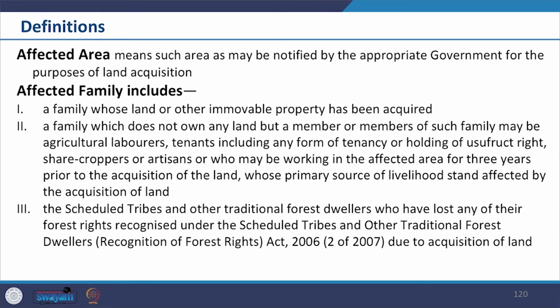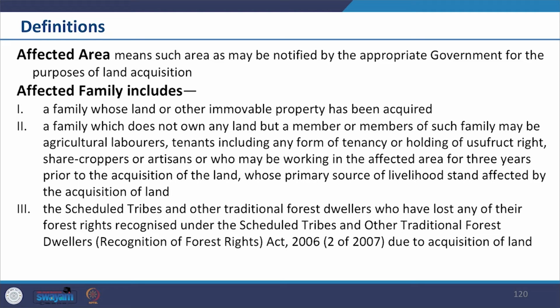So, this is important to see that even if the family doesn't own any land, but a member of such family may be agricultural laborers, tenants, including any form of tenancy or holding of usufruct right, sharecroppers or artisans, or may be working in the affected area for 3 years prior to the acquisition of the land, whose primary source of livelihood stands affected by the land acquisition process.